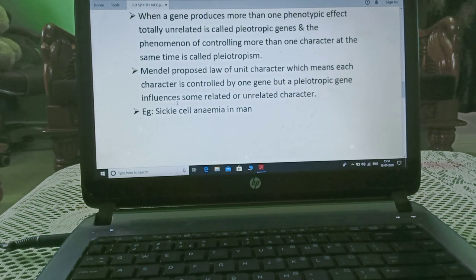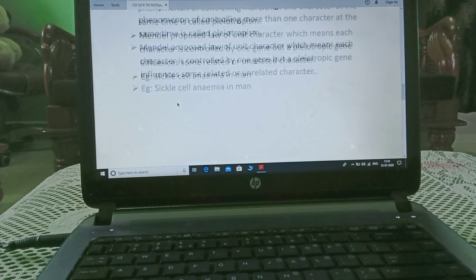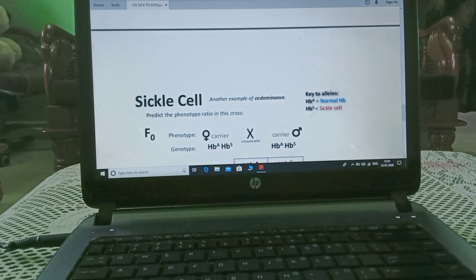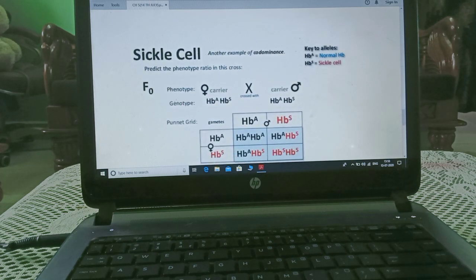Example, sickle cell anemia in humans. As we can see on the screen, this is again an example of codominance. Now we will see here, it is phenotype, it is genotype, here it is female. You can see S means sickle cell character, A means normal.